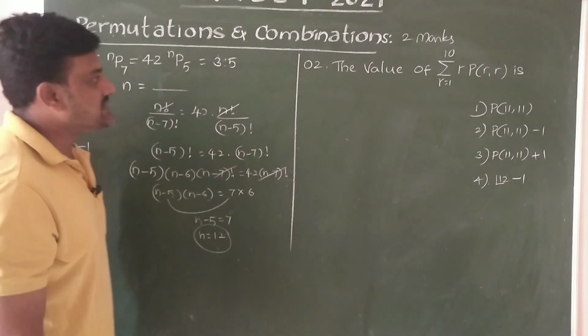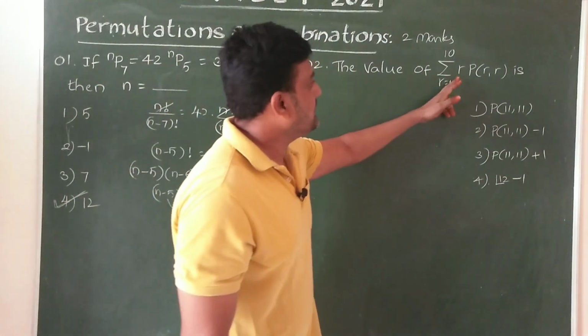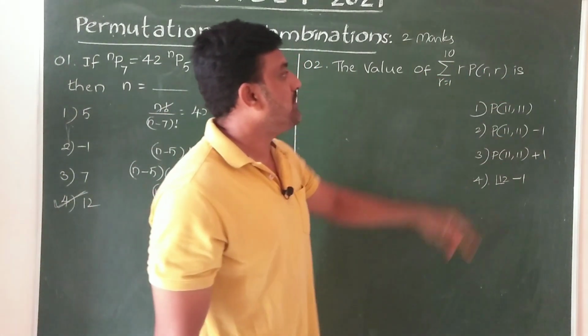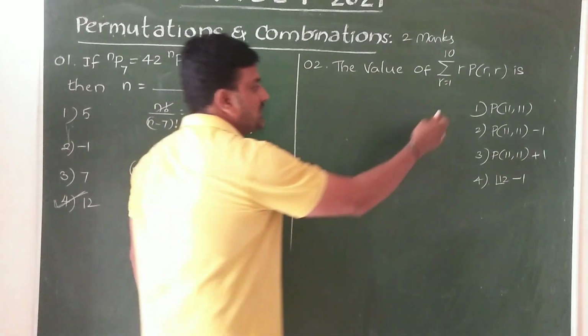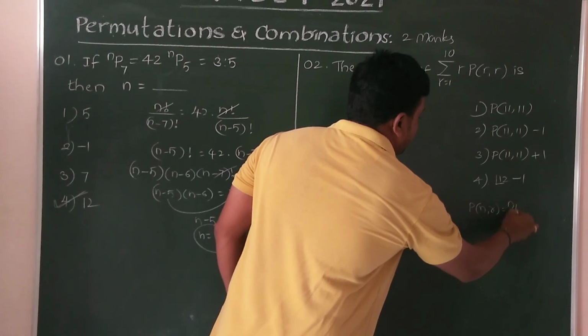Next, second one. The value of the summation r equals 1 to 10 of r into P(r, r). P(n, r) is what? nPr actually.